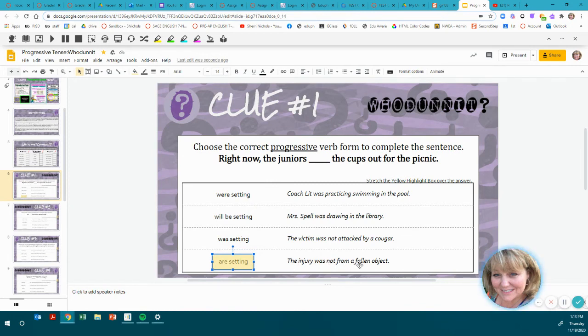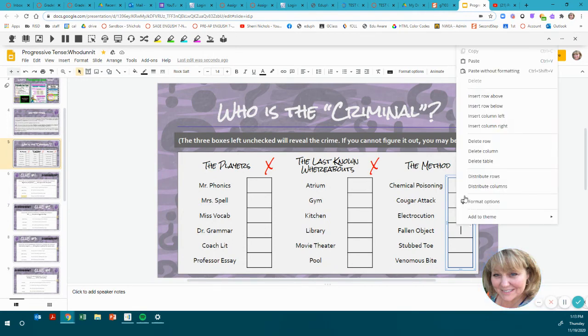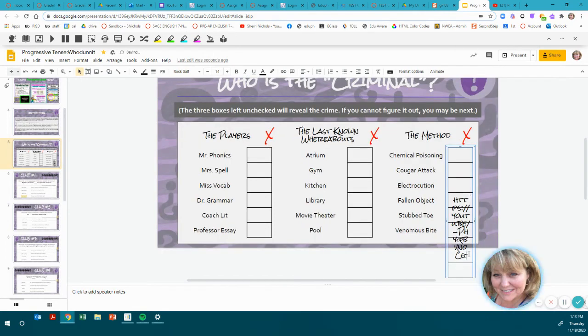The injury was not from a fallen object. So you're going to go back to your clue page on slide 5 and look at fallen object. So we can mark this off because it is not from the falling object. So click on that.